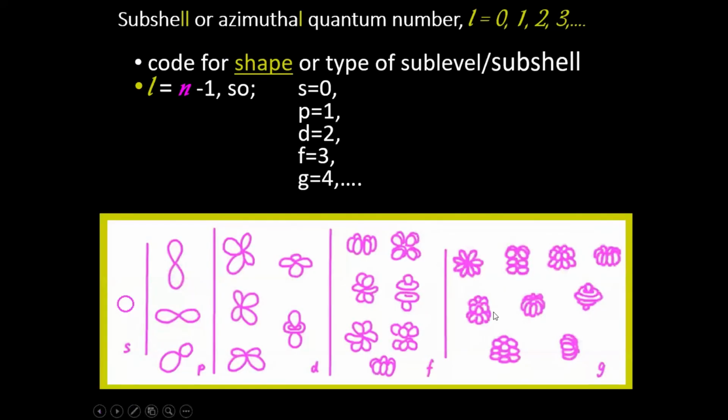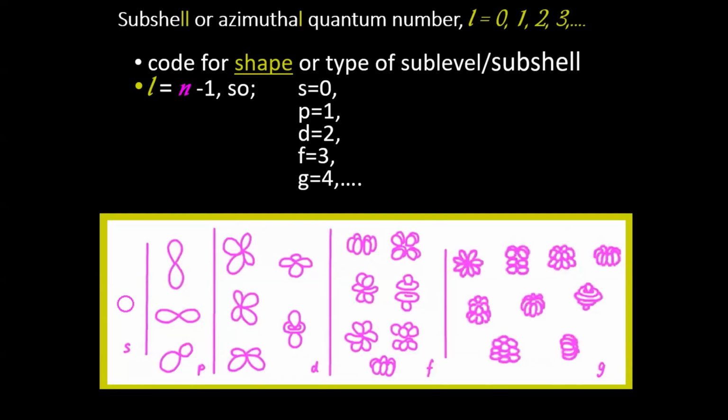The second quantum number is the subshell or azimuthal quantum number, and its symbol is an L. There are two L's in subshell, or one in azimuthal. You can find these numbers by subtracting one from n. So L is equal to whatever the energy level quantum number was minus one.